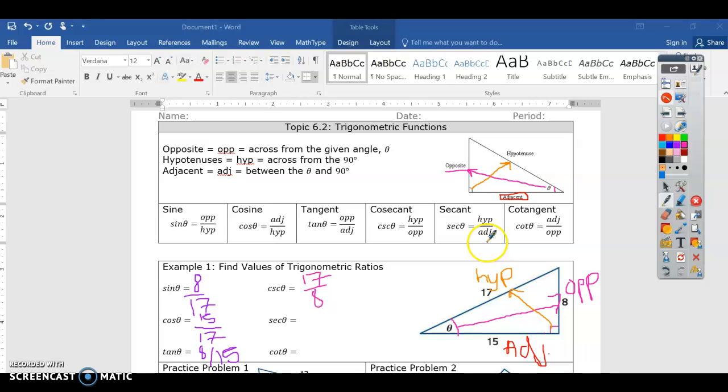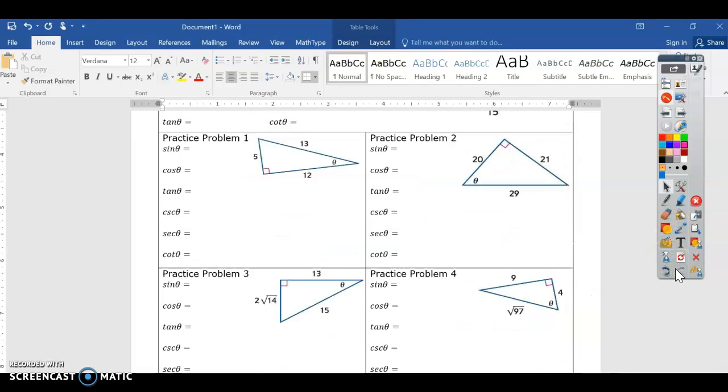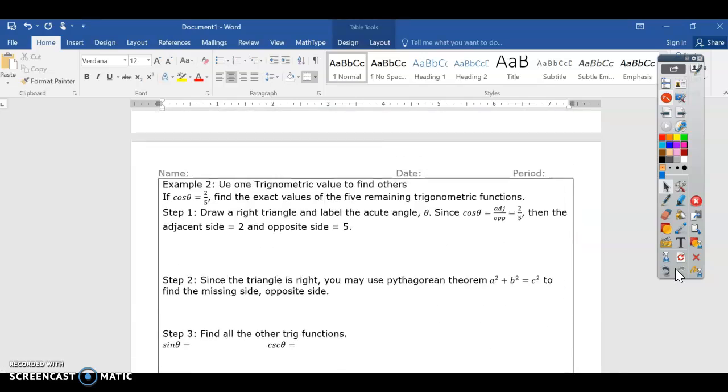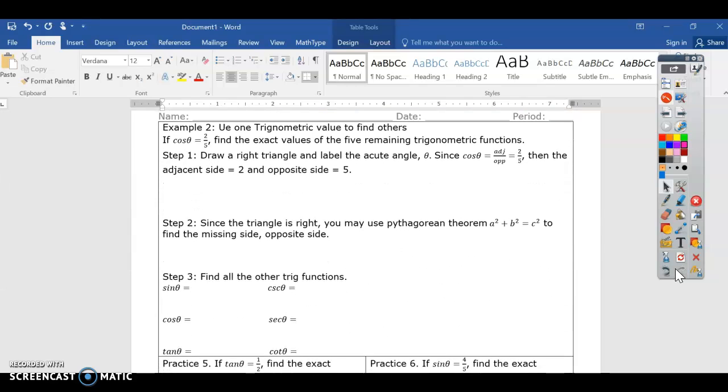Secant is hypotenuse over adjacent, so that's 17 over 15, the reciprocal of cosine. Cotangent is adjacent over opposite, so that's 15 over 8. That's all you're going to do for the first 4 practice problems: correctly identify opposite, hypotenuse, adjacent, and then fill in the rest.